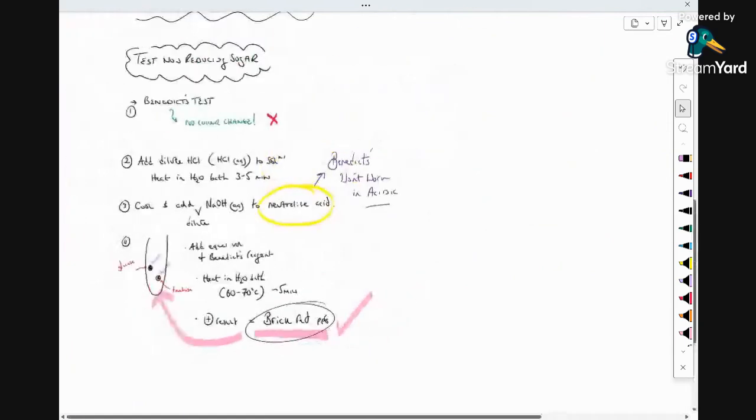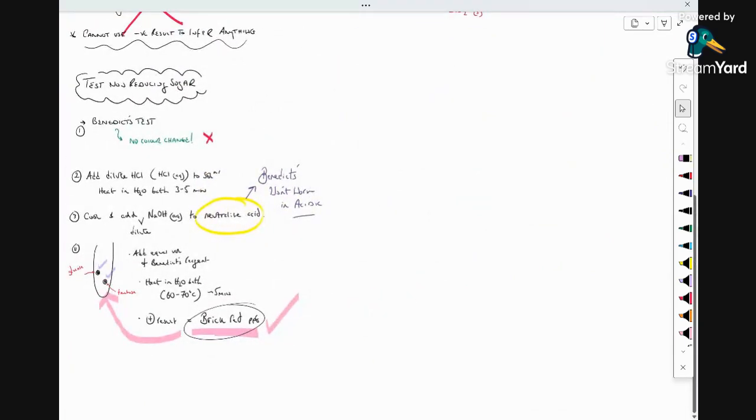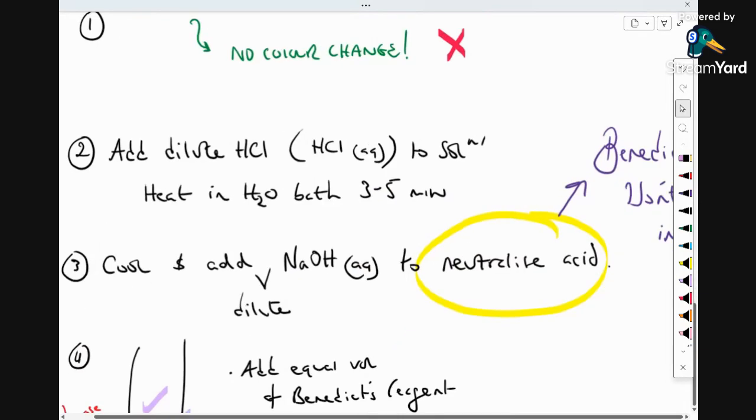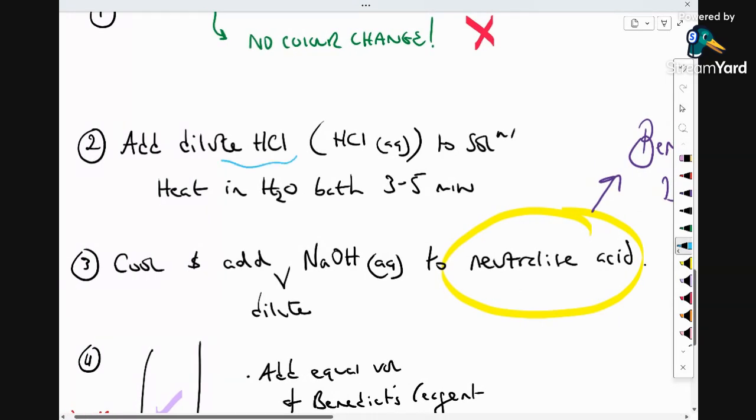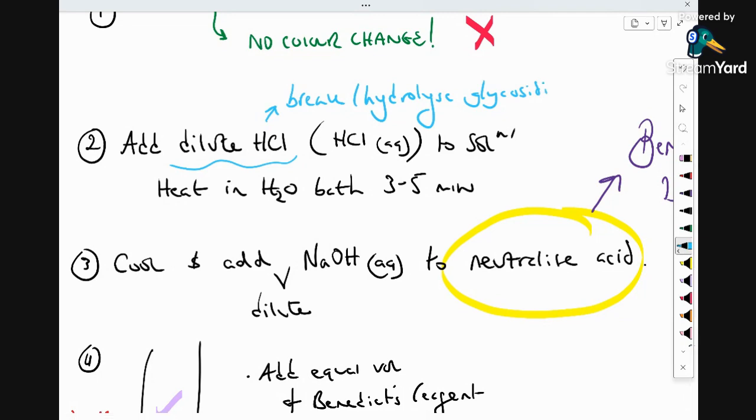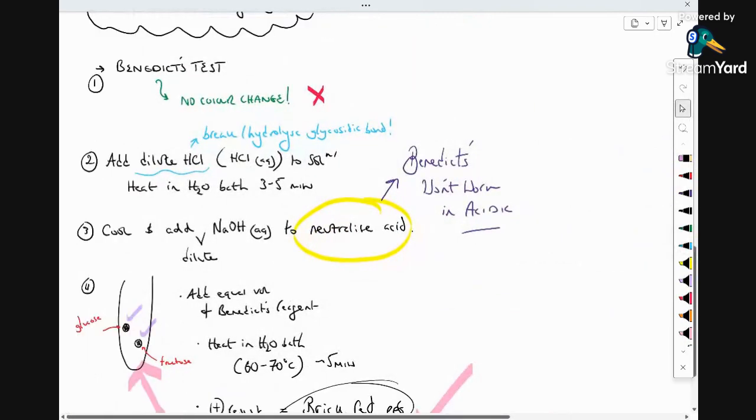So hopefully that makes sense. It's a little bit more complicated, not too much. Essentially, we need to break the glycosidic bond. And actually, I would say that in the exam. So if you're writing this as an exam answer, absolutely say that you add hydrochloric acid to break or hydrolyze the glycosidic bonds and liberate monosaccharides.